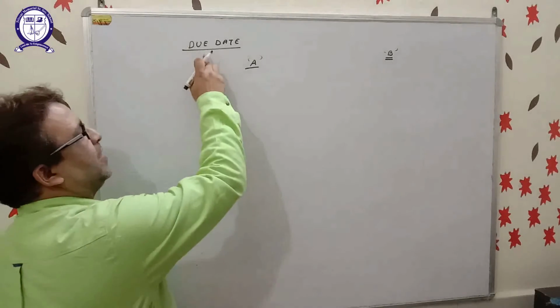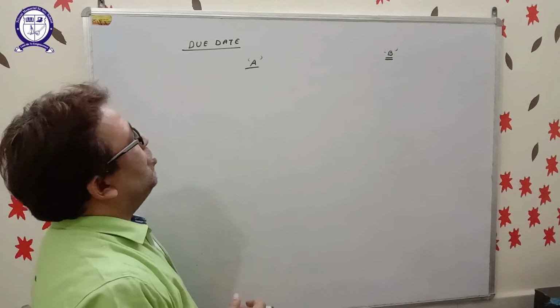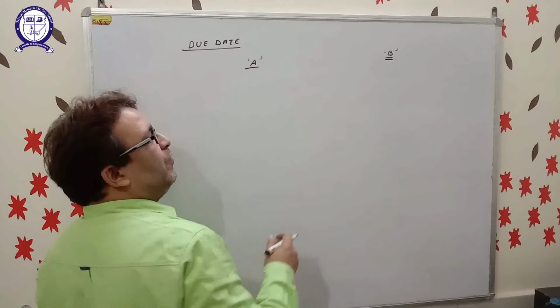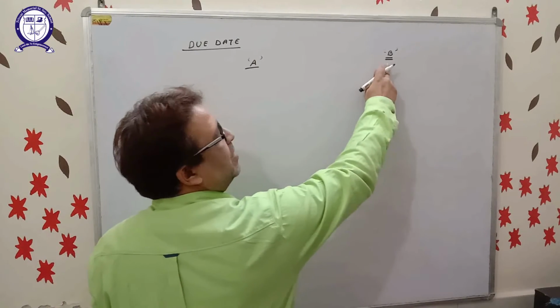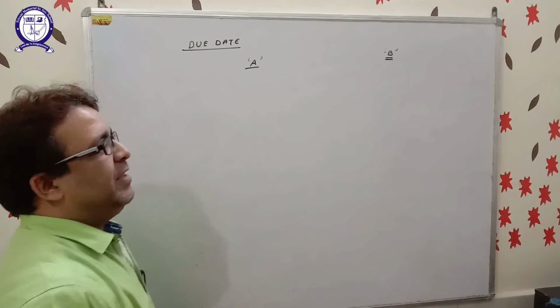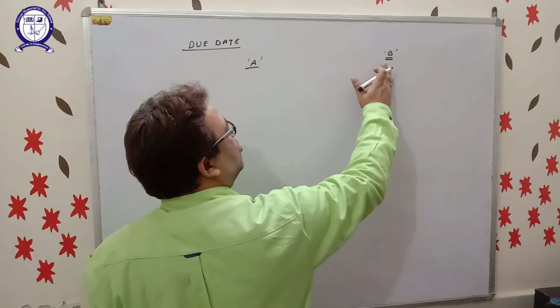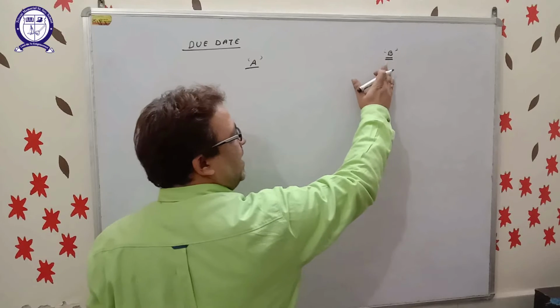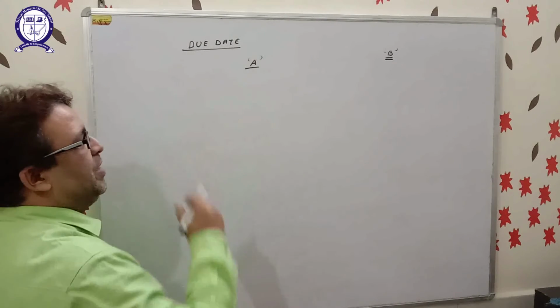Let us understand the concept of due date. Due date is that date on which the drawee has to meet his obligations. That means the date on which B has to pay his liabilities. That date is called due date.